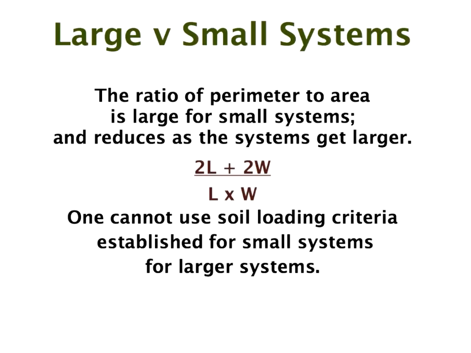Okay, we've got large versus small systems. You have to be careful. When drip started, it started with single-family homes. And with single-family homes, you have a very large safety factor because you've got to look at the ratio of the perimeter to the area.